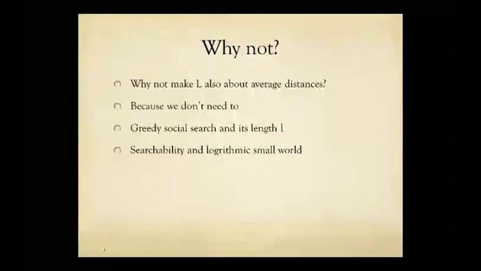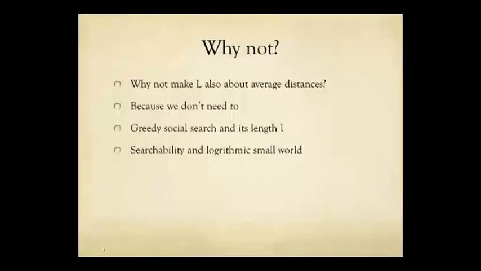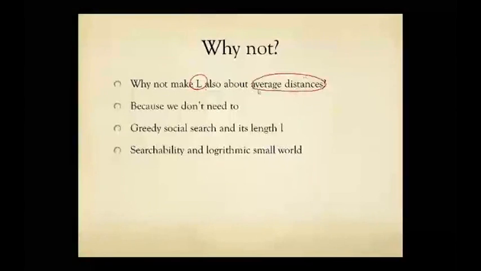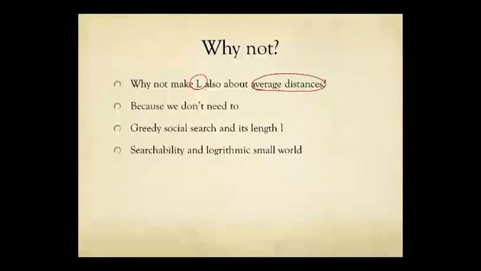And therefore you may wonder, since that's why the Watts-Strogatz model works to explain structural small world, why don't we define L as the median of the average distances between node pairs rather than the median of the shortest distances? Then it will be a fair definition, fair in the sense that L and C will be standing on the same footing. Well, it turns out that we don't need to.